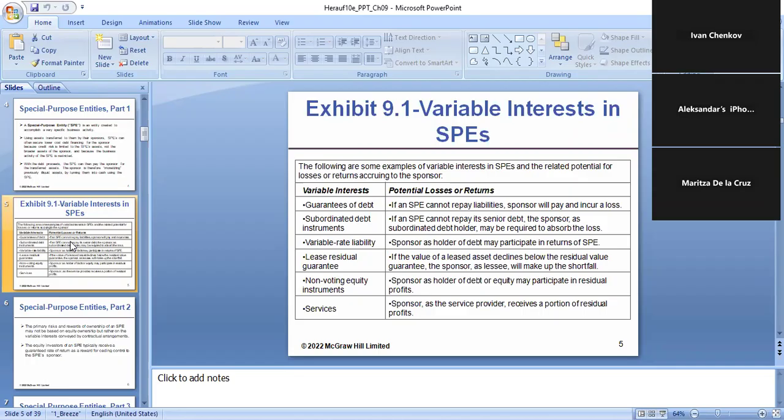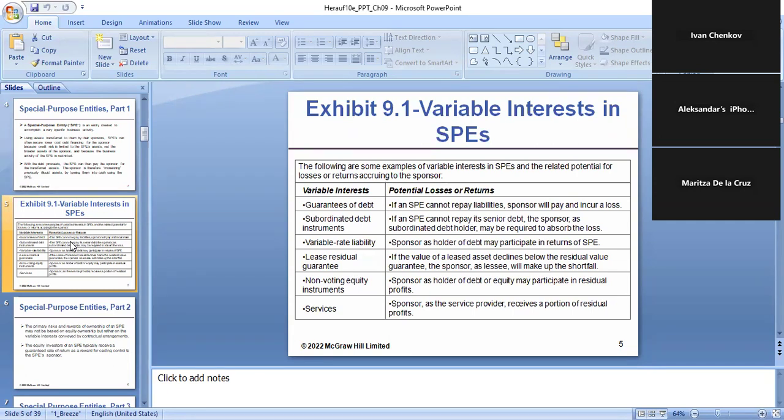Who's bearing potential losses and returns? Now, if the special purpose entity cannot repay the liability, the sponsor has to repay that liability. If the special purpose entity cannot repay the senior debt, the sponsor has to pay it. Now, the sponsor, as a holder of the debt, may participate in the return on the special purpose entity.